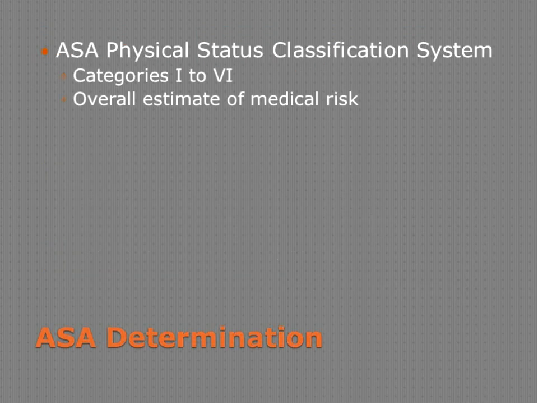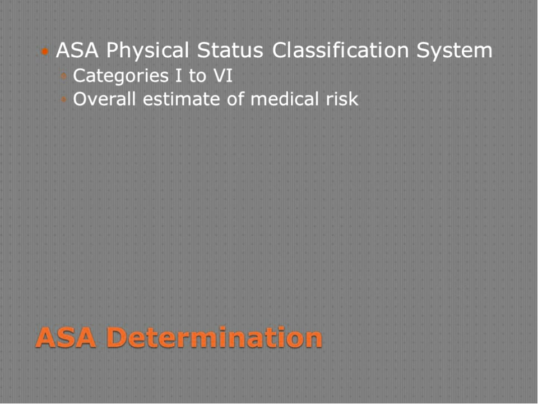So we have this ASA classification that we talked about in clinic, and with the completion of patient histories, an overall estimate of the medical risk of a patient can be made. The American Society of Anesthesiologists, ASA, physical status classification was developed, and that describes 6 categories of physical status and provides examples of adaptations necessary for providing dental hygiene care for the patient in each category.